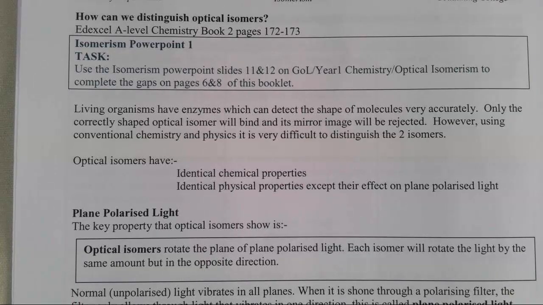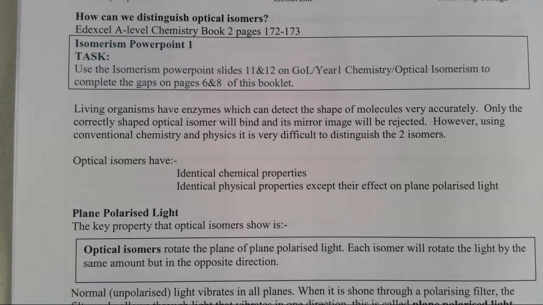Okay, so we're in your notes now and we're looking at page 6, how we can distinguish between optical isomers. One way to distinguish them is to bring them into contact with another chiral compound. Living organisms have enzymes which can detect the shape of the molecules very, very accurately and can tell the difference between the 2 optical isomers.